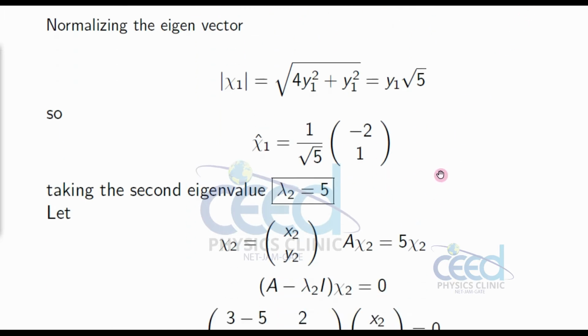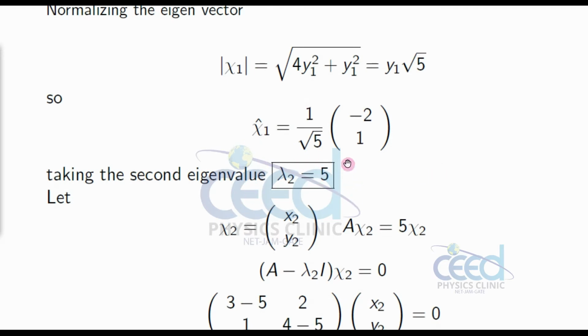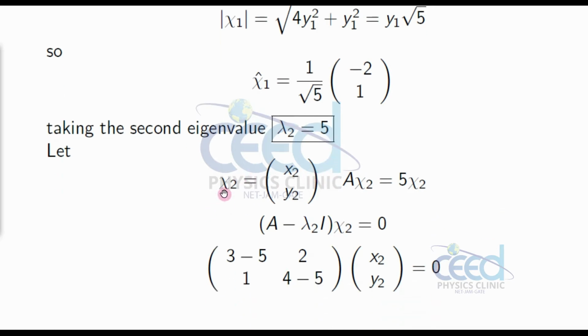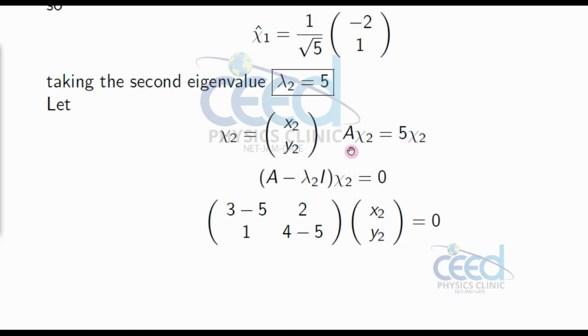The next eigenvector corresponds to the second eigenvalue, which we have already discussed, lambda 2 equal to 5. The second eigenvector I am taking as x2 cap, with components x2 y2. Here A x2 is equal to lambda x2, and I can write this as (A minus lambda 2 I) x2 is equal to 0.